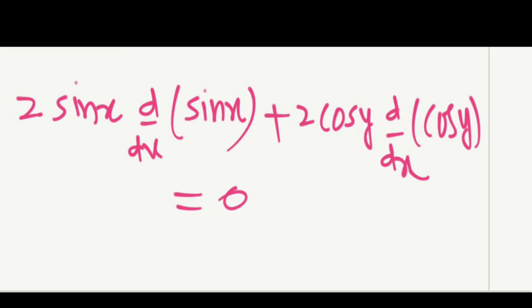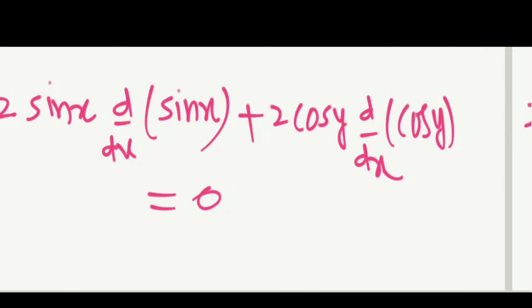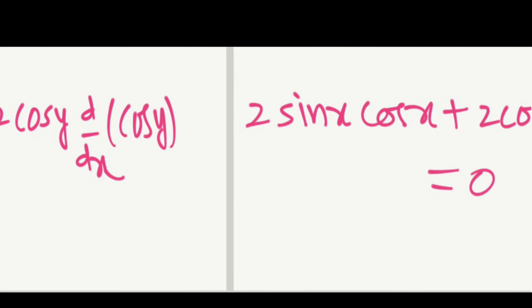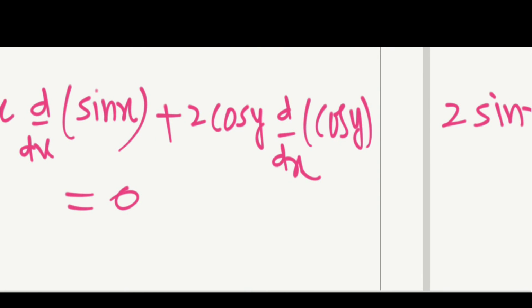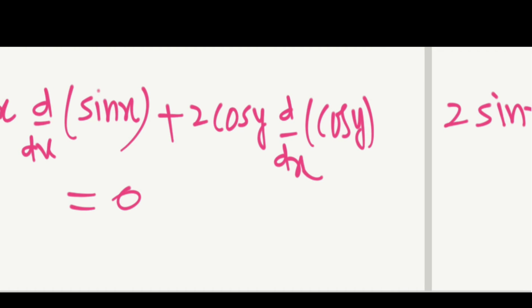Further solving, we get 2 sin x into, now the derivative of sin x is cos x, so this is 2 sin x cos x plus 2 cos y into derivative of cos y.